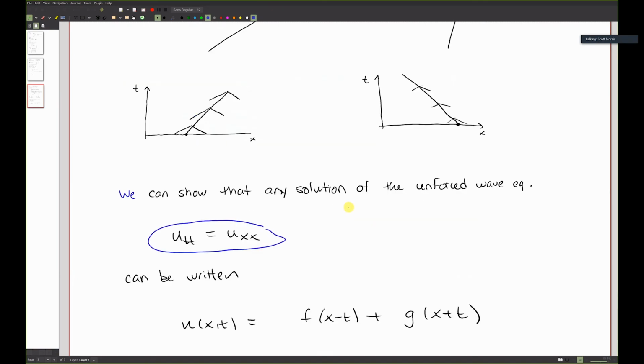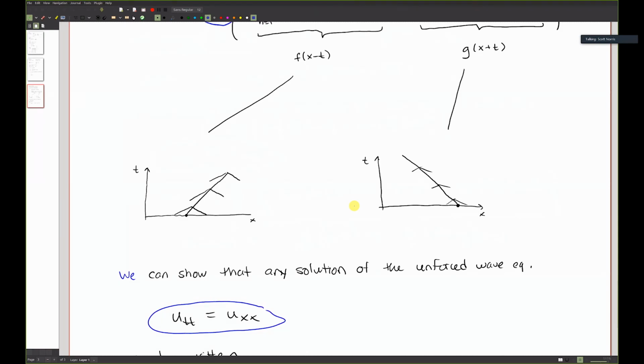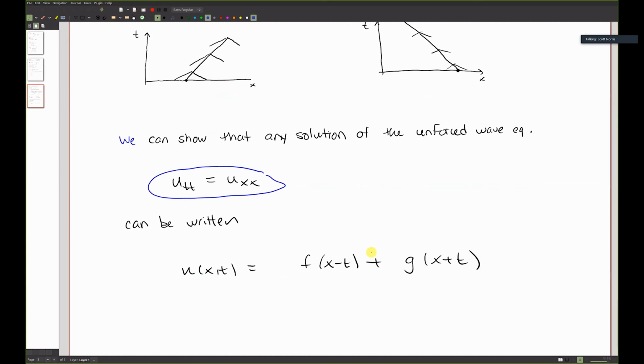What I do want to say, though, is you might be thinking at this point, well, if I can solve the wave equation this way, why did we do all that other stuff? And what I'll say is that this form only works for the unforced wave equation. So the minute you throw a forcing function on there, it breaks down.